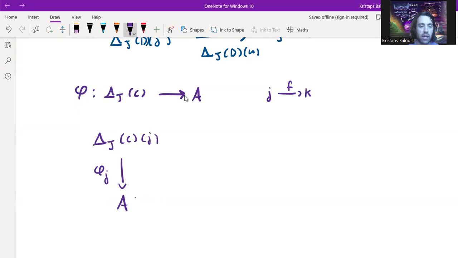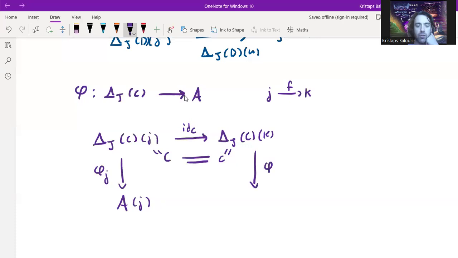This is a J. Remember, I'm applying my functor delta sub J of C to this map F. It's going to send it to the identity at C, where both of these things, despite the fancy way I write them at first, are just C. And then this is just equality.